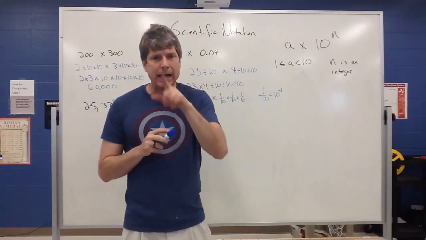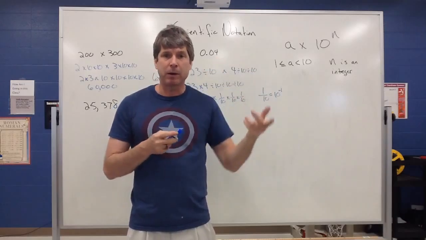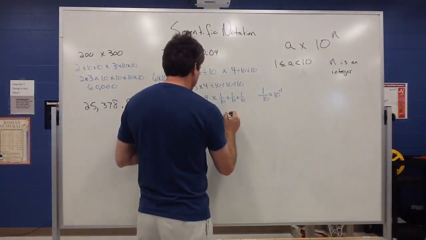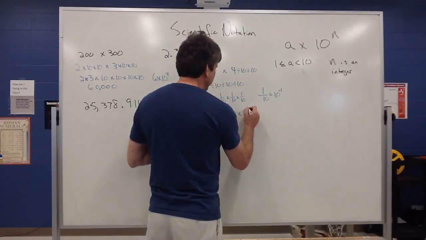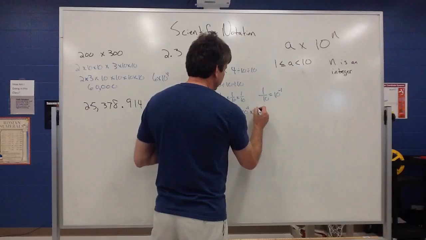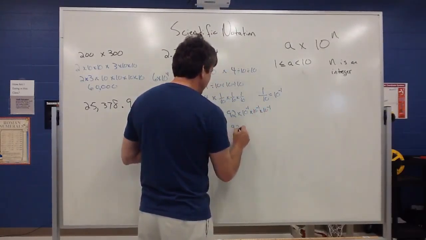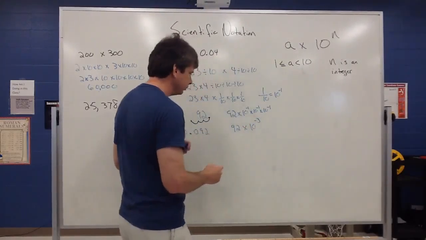So remember, negative exponents are there. 10 to the negative 1 means to flip it and make it a 1/10. So what I also see is I have 92 times 10 to the negative 1 times 10 to the negative 1 times 10 to the negative 1, which means I have 92 times 10 to the negative 3.